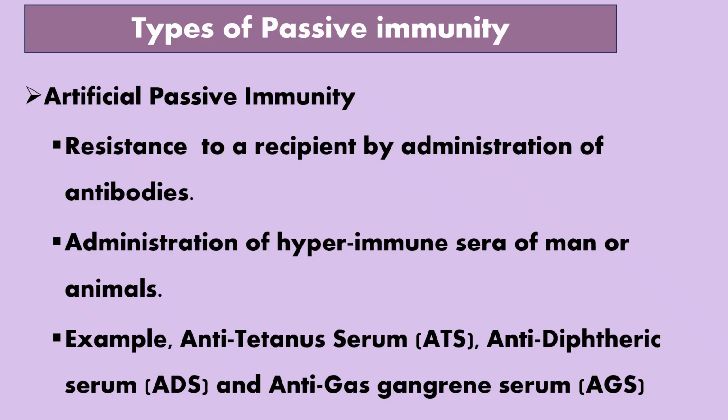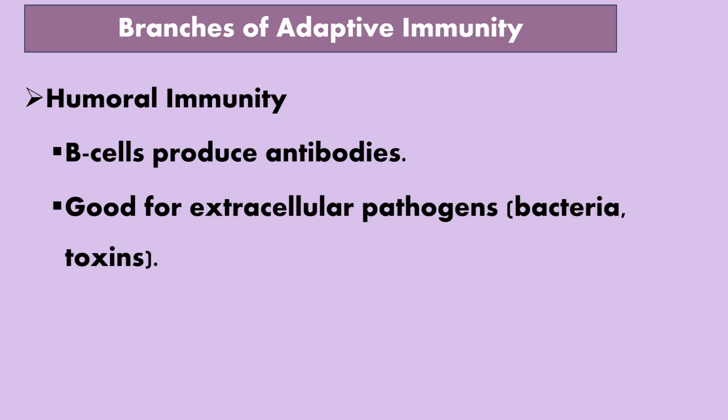The anti-tetanus serum is used for passive immunization against tetanus. Similarly, anti-diphtheric serum and anti-gas gangrene serum are also prepared and administered to those who are unable to produce that particular antibody on their own.